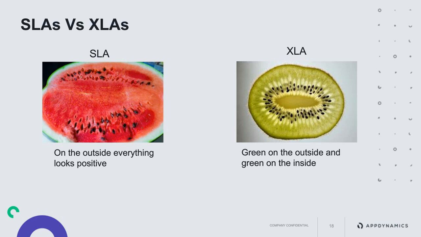And this is where a great APM or enterprise APM solution really comes into play, because it helps you to move away from this inside-out approach to SLAs to really focusing on an outside-in approach to experience-level agreements.